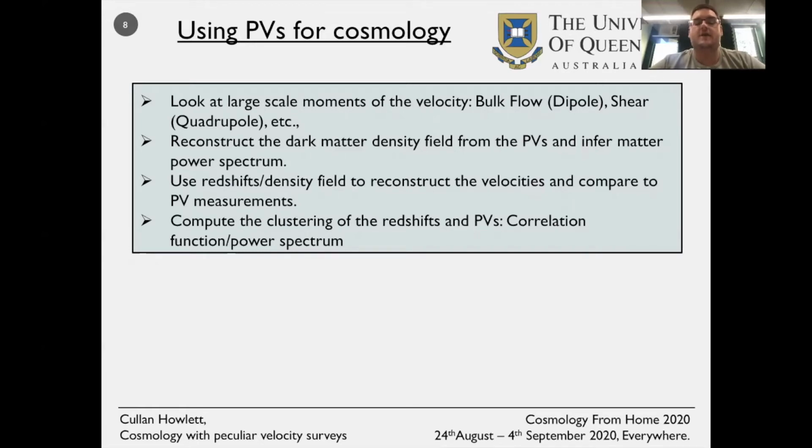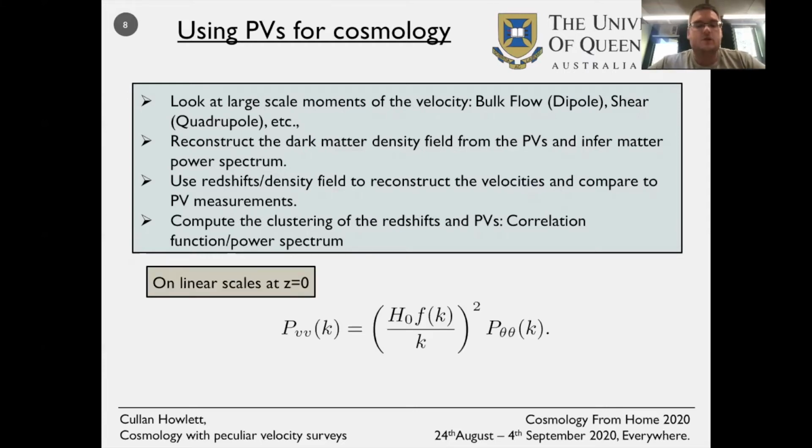And so for redshifts, there's been techniques which have been developed over the last 20 years, using things like the correlation function and power spectrum to constrain cosmology. We can do exactly the same thing with peculiar velocities. And so that's what I'm showing in this equation on the bottom here. And this is kind of a key equation that's in fact used for nearly all of these methods.